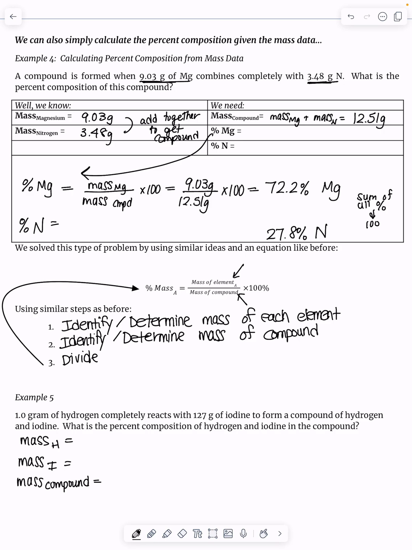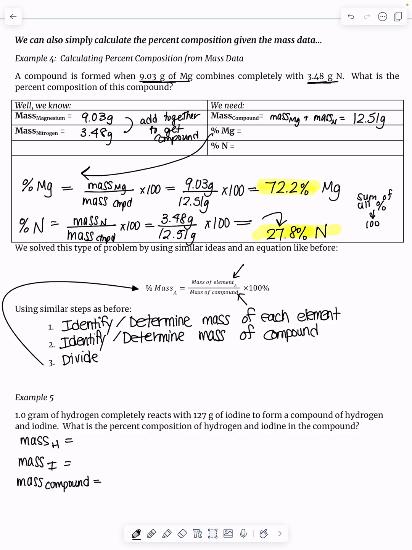But let's do the math anyways. My percentage of nitrogen will be the mass of nitrogen divided by the mass of the compound times 100. So for us, that'll be 3.48 grams divided by 12.51 grams times 100. And look at that. If I plug that math into a calculator, I will get 27.8%.